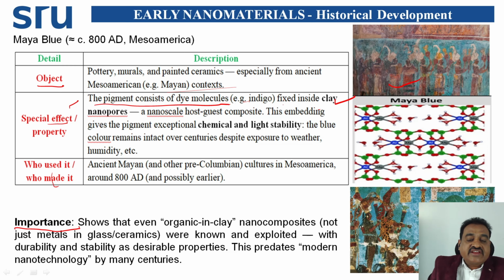So you can understand here, Maya blue is a highly stable pigment made from organic dye and clay nanoparticles. It resisted weathering for centuries, proving that nanocomposites were used even in ancient art.